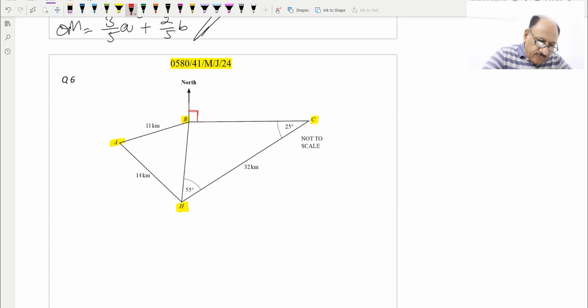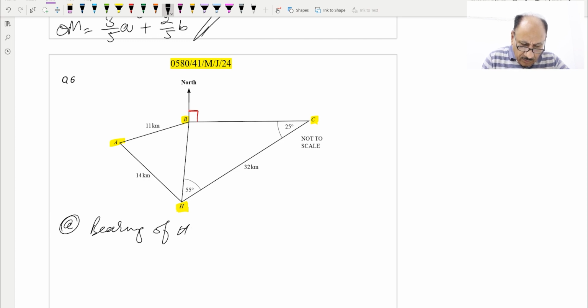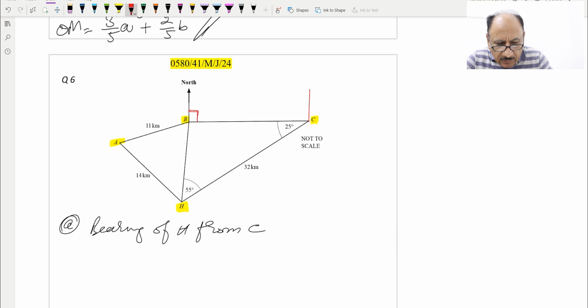So A part, what we have to do is find the bearing of harbor from boat C. So bearing of harbor from C. So we will be drawing our north at C. So we can draw north over here.